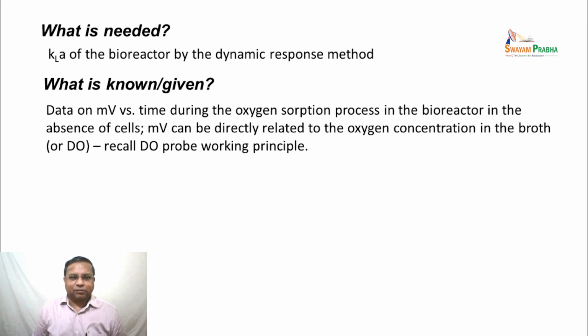Okay, the dynamic response method. If you recall the dissolved oxygen probe, its working principle is electrochemical. There is a cathode, the platinum, and there is an anode. There is a slight mix up in the lecture: platinum is the cathode, silver is the anode.